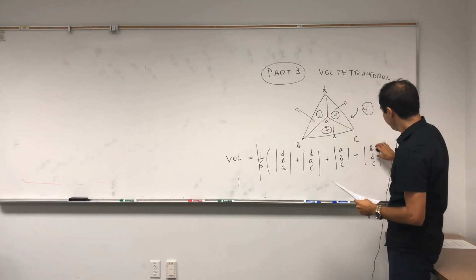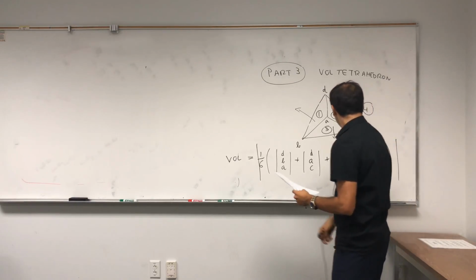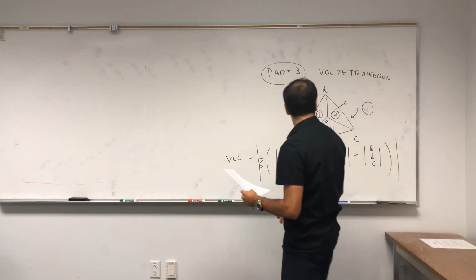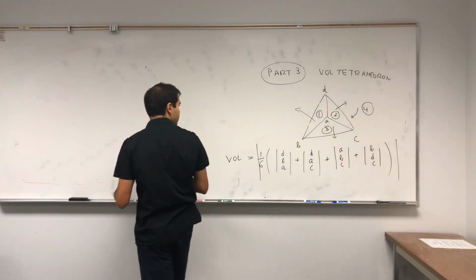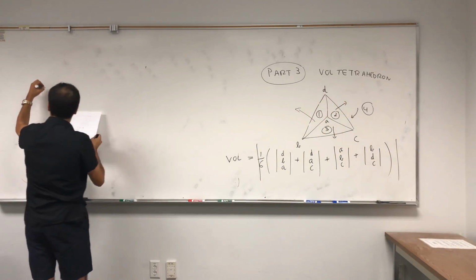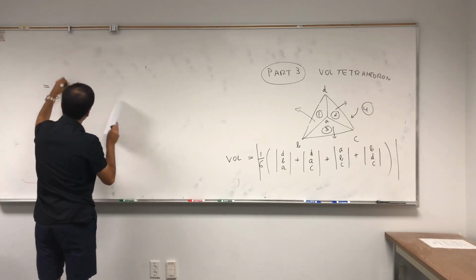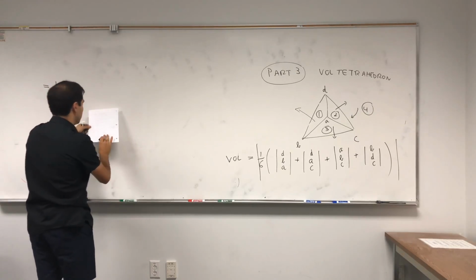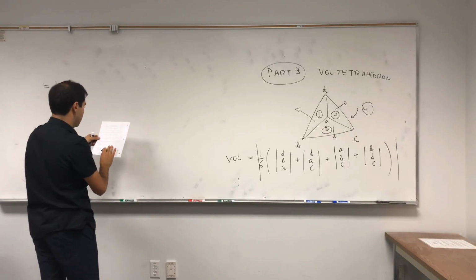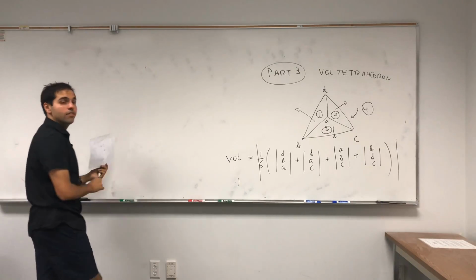So DBC, and BDC, if you flip the two rows, you get minus DBC. No, let's leave it like that.